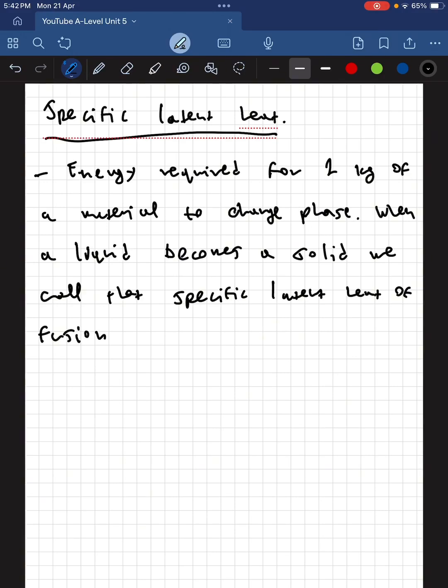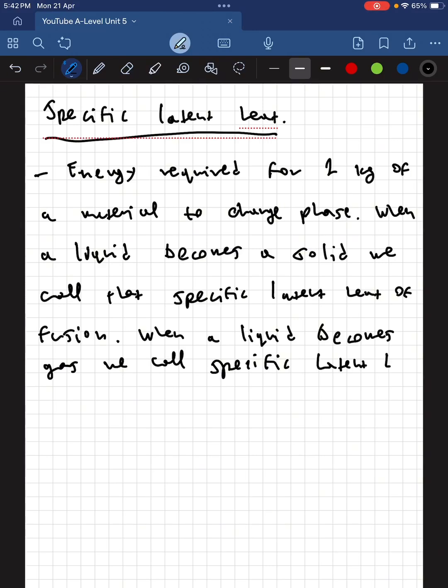Because the liquid fuses together to become solid, okay? But when a liquid becomes gas, we call that specific latent heat of vaporization. I hope this makes sense.